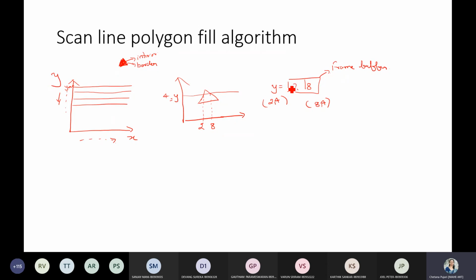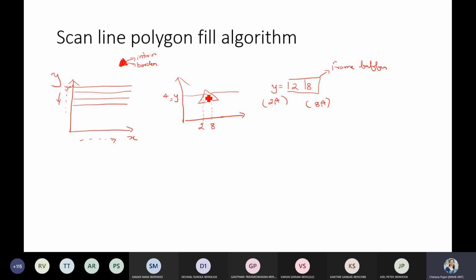We store that in the frame buffer, and then you can arrange it in sorted order, in the sense in some order, say for example from low to high values. In this case we are sorting with respect to x. So 2 and 8, it's in sorted order. So we can just draw a line from 2 to 8.